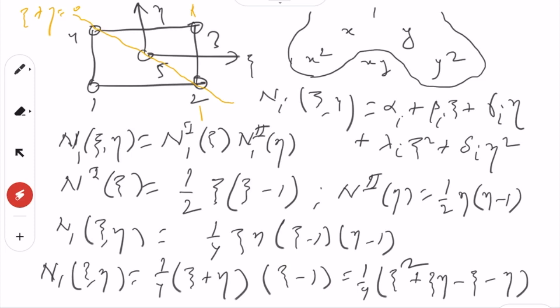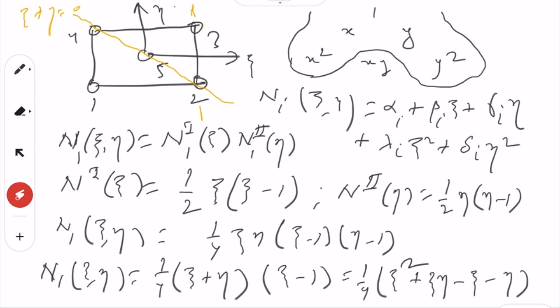Or it may be possible if we have something like this. Maybe we take this line, say this has xi plus eta equal to 0, here it will be xi plus eta equal to some other value. So we can take a line parallel to this one. So in that case we get xi plus eta equal to some value. Okay, so I think it will be xi plus eta equal to 2 because this is 1 and 1.